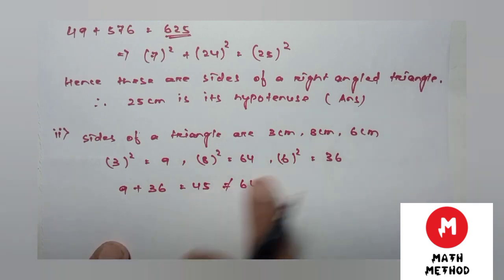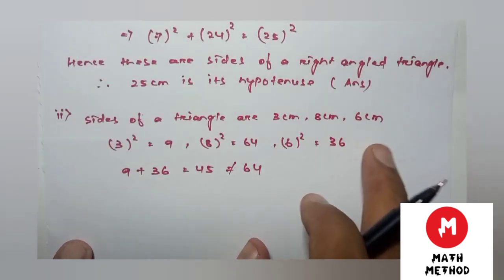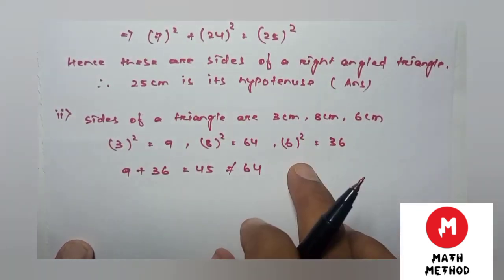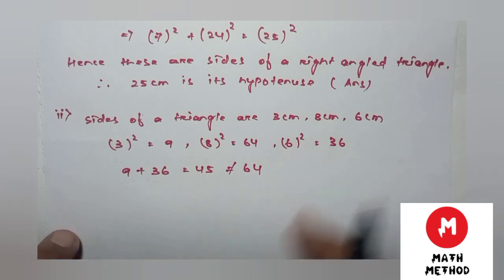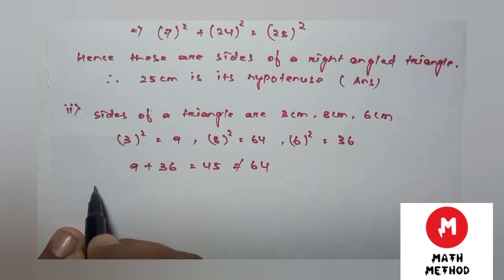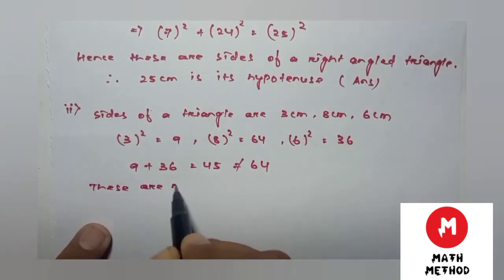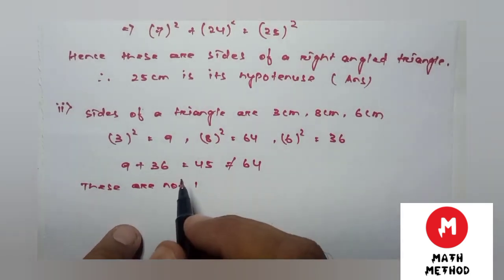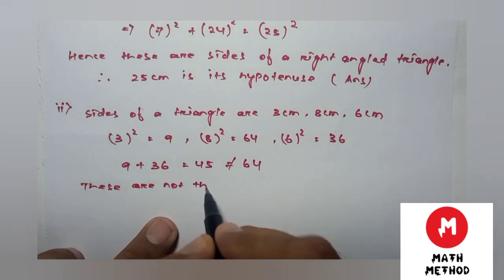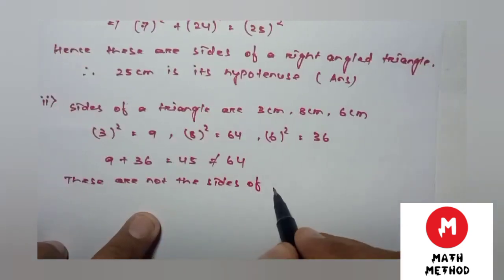So these sides are not the sides of a right angle triangle. We will write this: they do not satisfy the Pythagoras triplet. Hence these are not the sides of a right angle triangle.